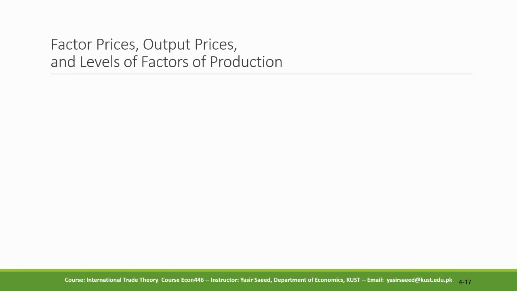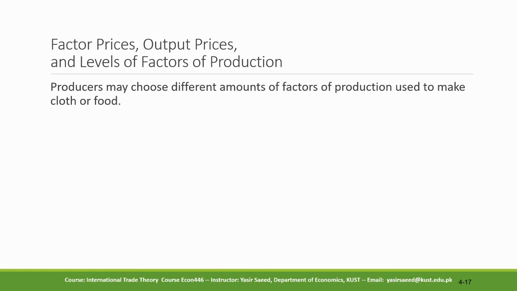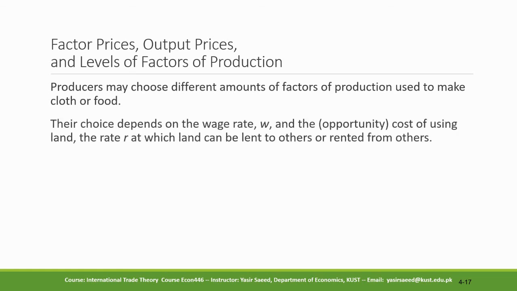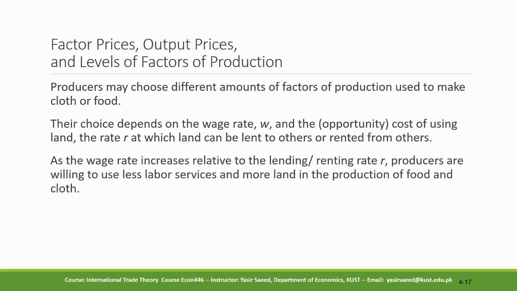And the third important decision is, in order to produce that amount, how much of the factors of production are required. So they depend on the price of factors of production, and the prices of factors of production basically are the wage given to the labor and the rent given to the landowners. So again, it depends on the market prices of the factors of production.